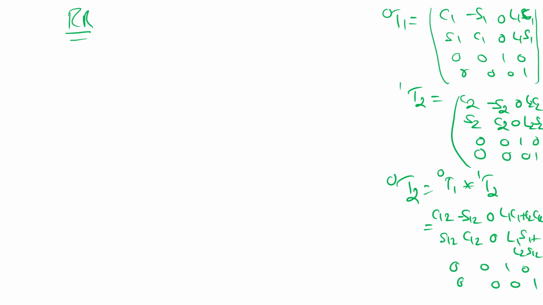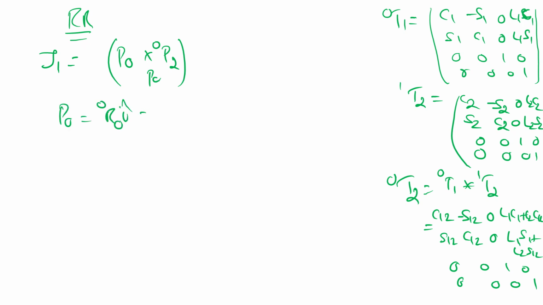Okay, so first let's do J1. We know that the J1 formula is P naught cross product with (P2 0 minus P naught). So what is P naught? P naught is equal to R naught naught into the unit vector. R naught naught means there is no rotation, which means the matrix is an identity matrix only.